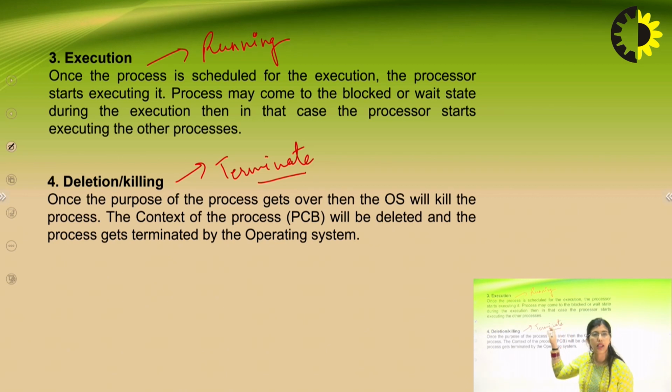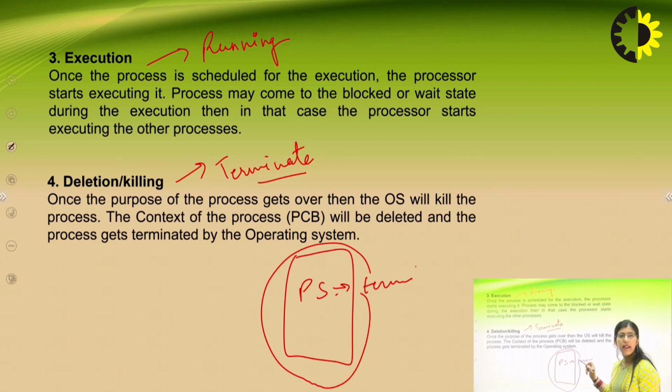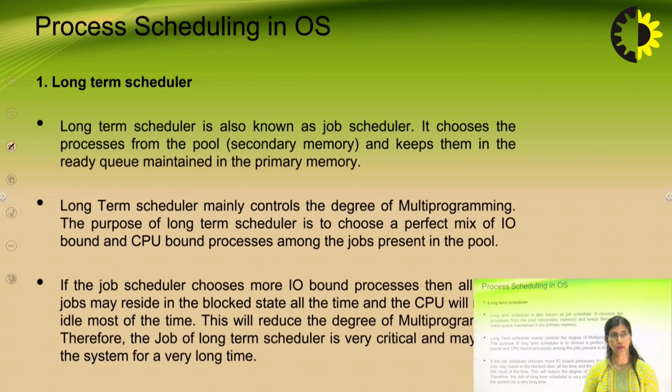And once the process state in the PCB is terminated, then this particular PCB is deleted from the main memory along with the process. That is how the whole process management works.